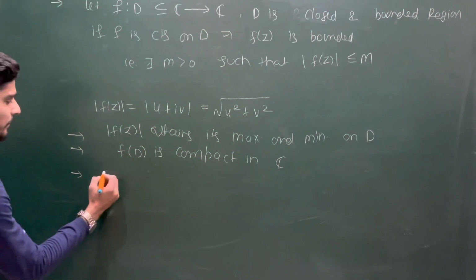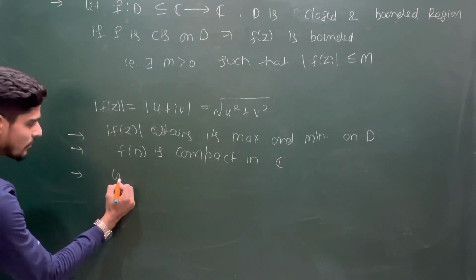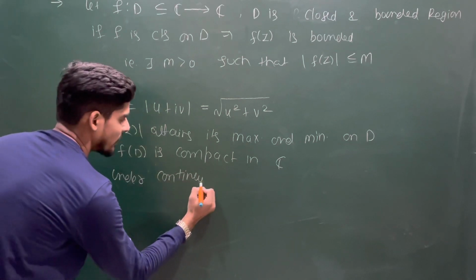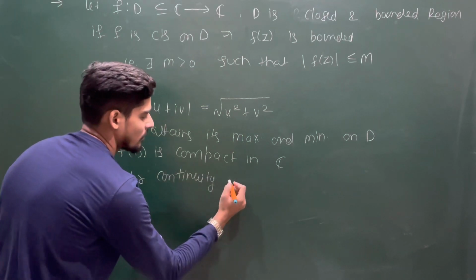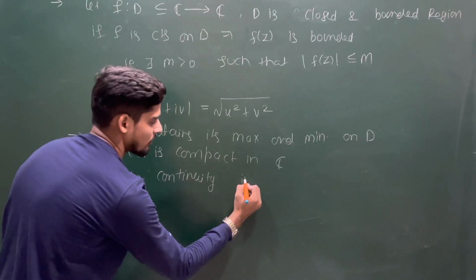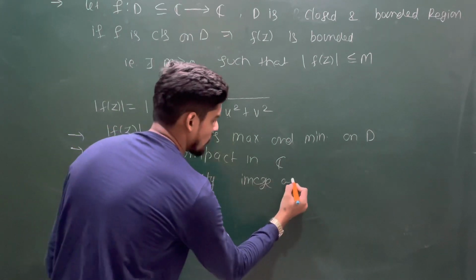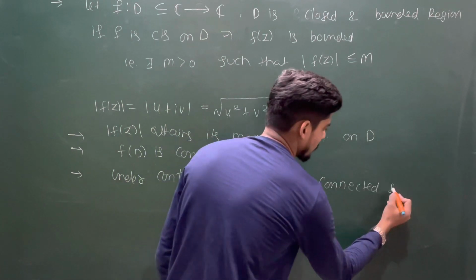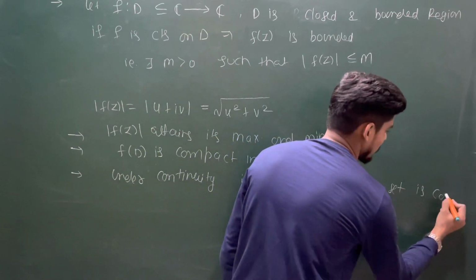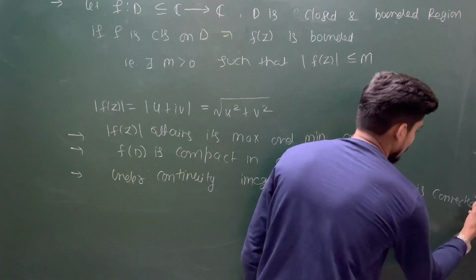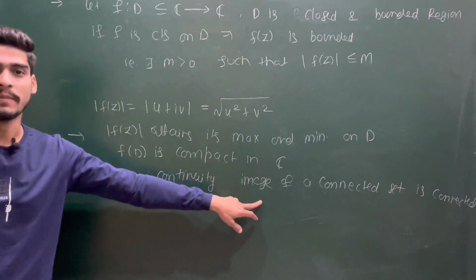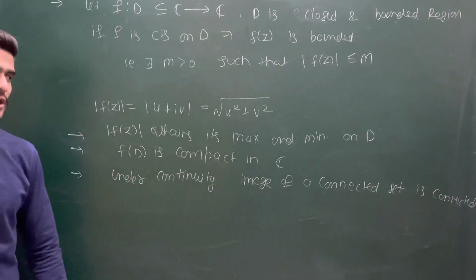Similarly, you can write that under continuity, the image of a connected set is connected. Again, the proof of this statement is very easy by using the topological property.